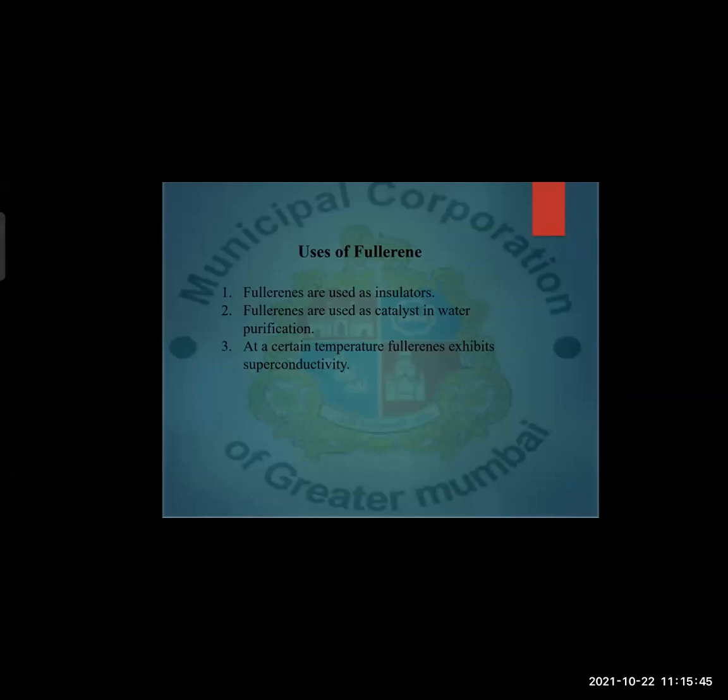Then the third one: at a certain temperature, fullerene exhibits superconductivity. That means it has free electrons, and at certain specific temperatures fullerene exhibits superconductivity. That means it is a good conductor of electricity. So these were the structure, properties, and uses of fullerene.